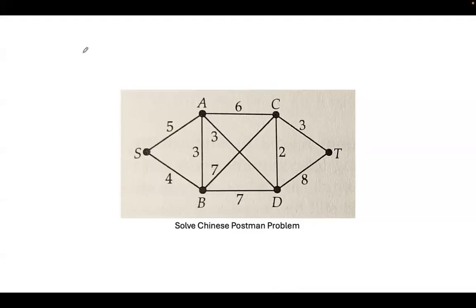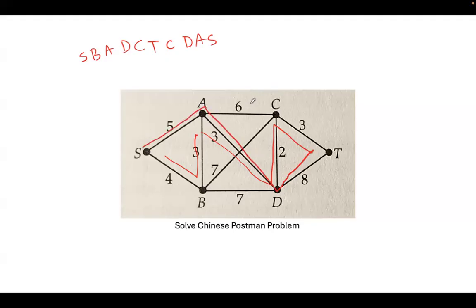So I tried S, B, A, D, C, T, D, A, S. But I think we're missing this street and this street. Do we have another solution that hits all of them?